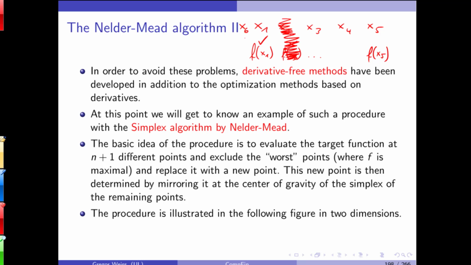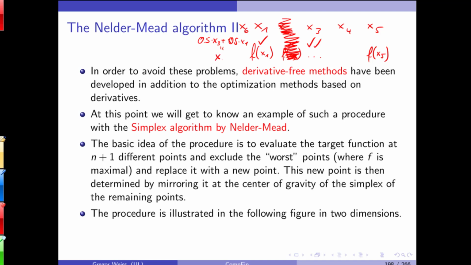And how would you do this? Well, the Nelder-Mead algorithm gives you some ideas how to construct a new possible solution, x6, that you will insert in this vector. For example, by combining the best and the second best solution. So you could say, okay, I take 0.5 times x3 plus 0.5 times x1.